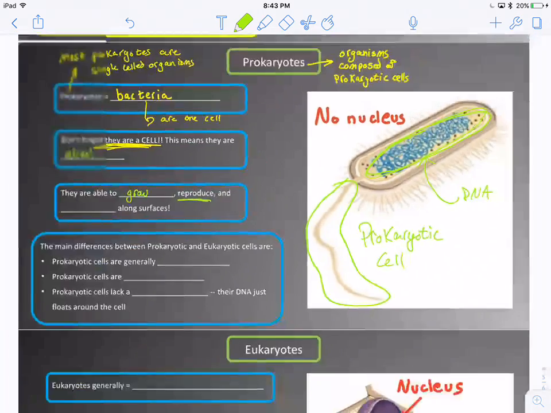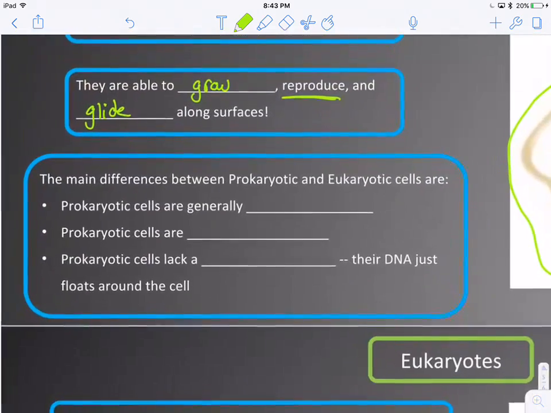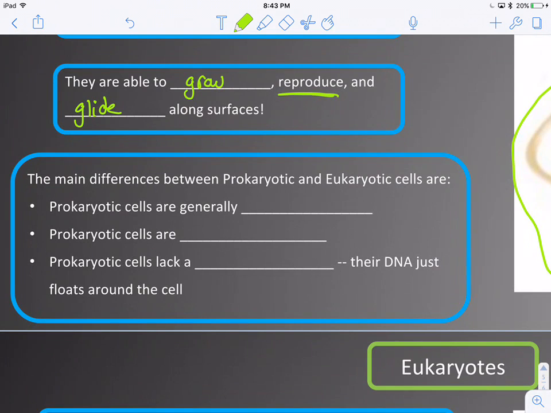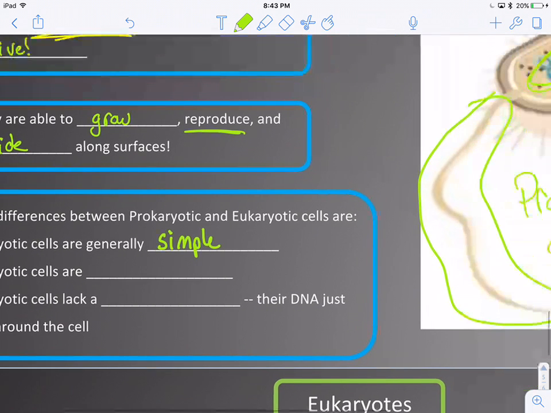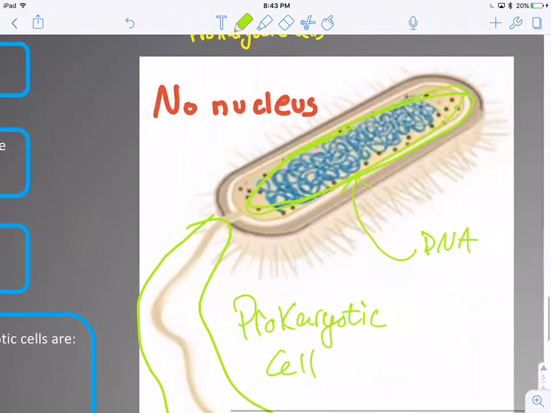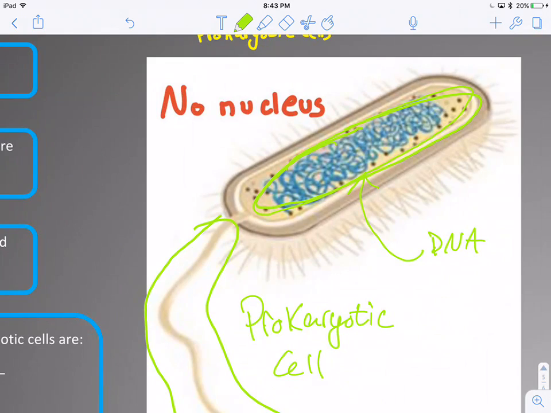And so the main difference, this is the big takeaway here: prokaryotic cells are generally simple. You'll notice all you see is some DNA and a cell membrane. There's not too much going on.